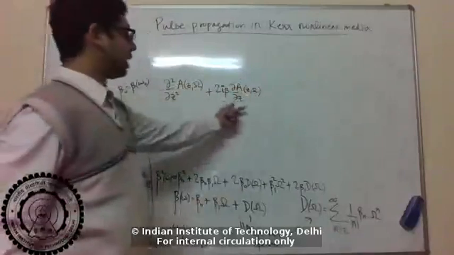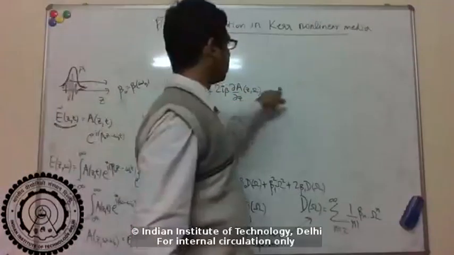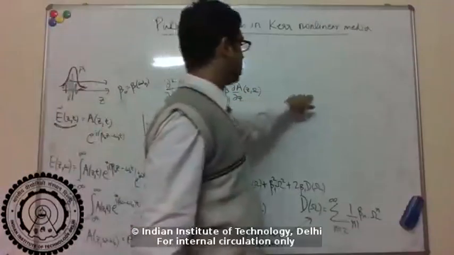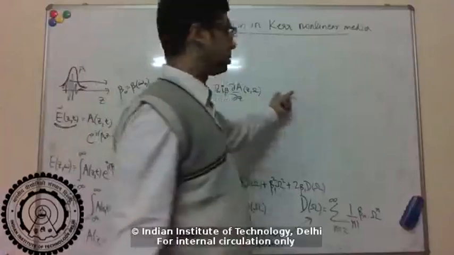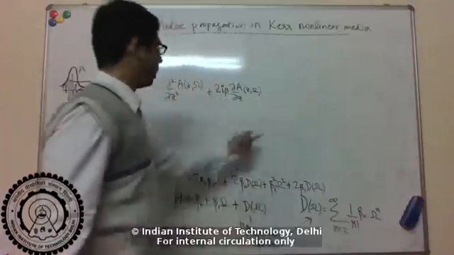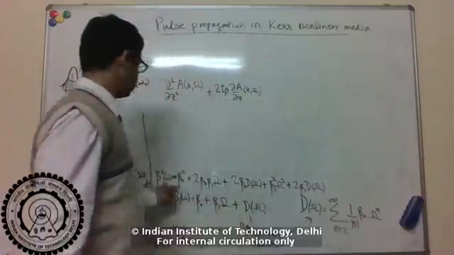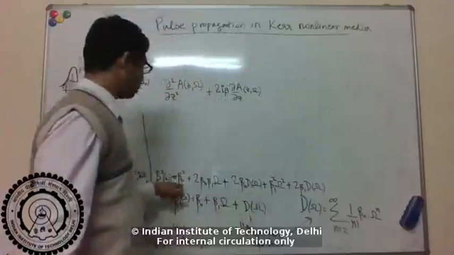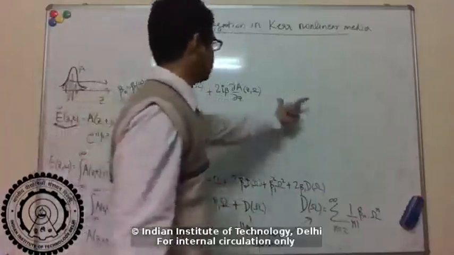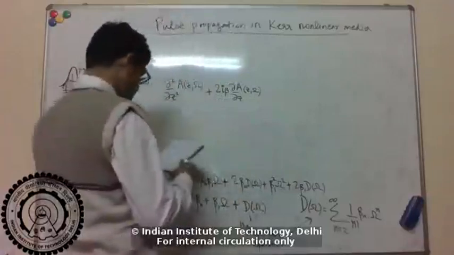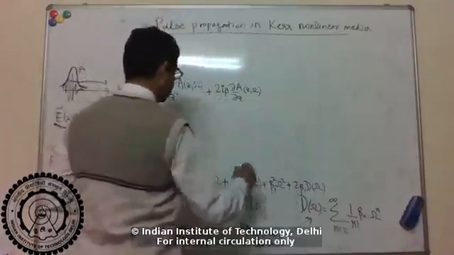Right, these 2 terms are already there, and then I had minus beta naught square plus beta of omega square. Right, and for that I plug this in, and so the first term beta naught square gets cancelled, and now I have 4 more terms here, which are basically these terms.